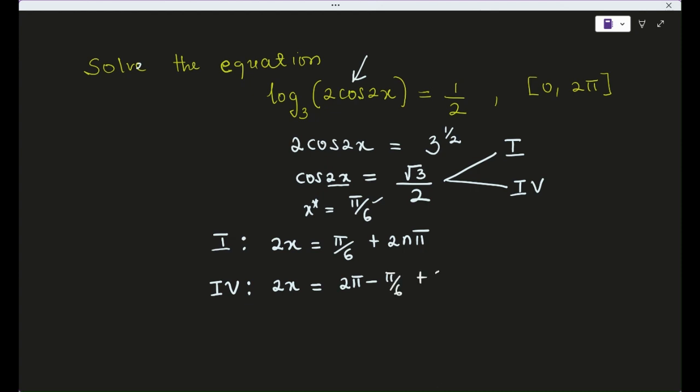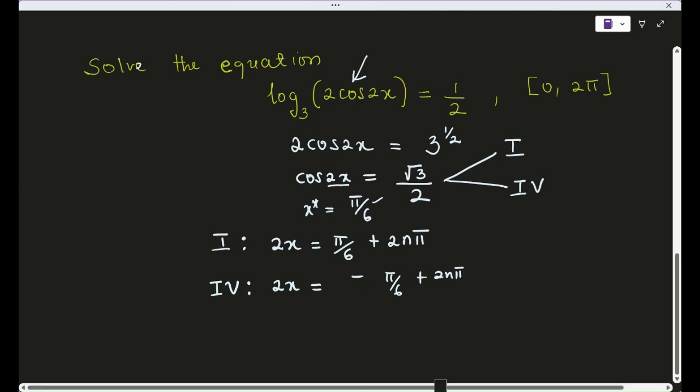Then we're going to add 2n pi. So 2 pi minus pi over 6 is going to be 11 pi. So let's just minimize space, and we can write 11 pi by 6.